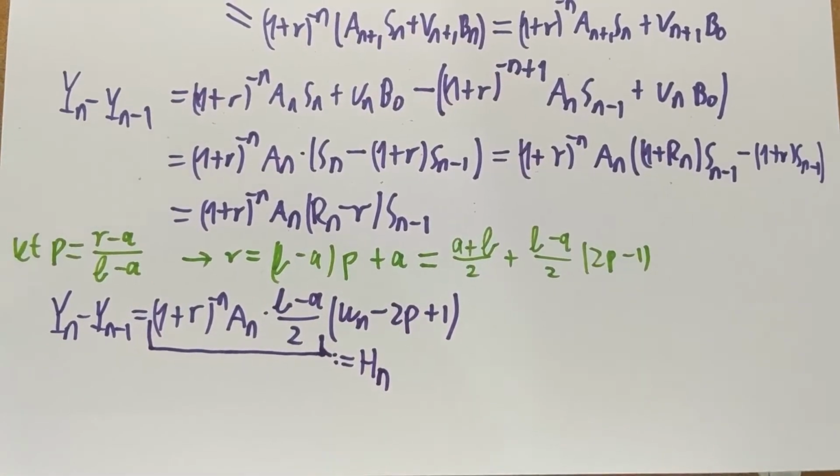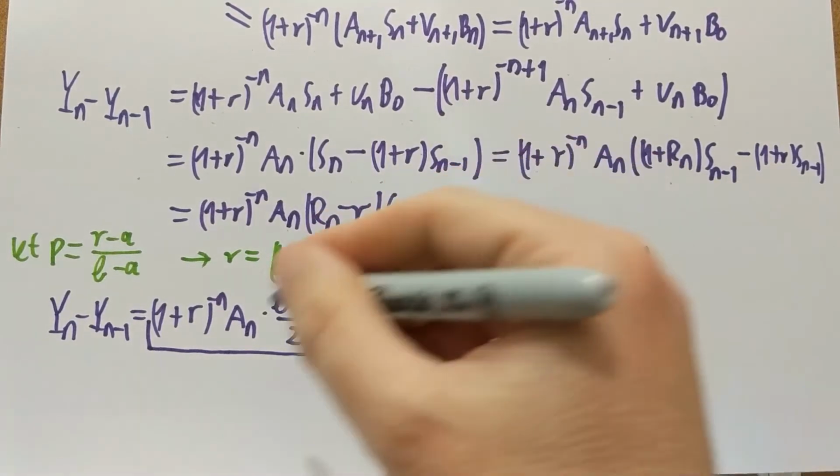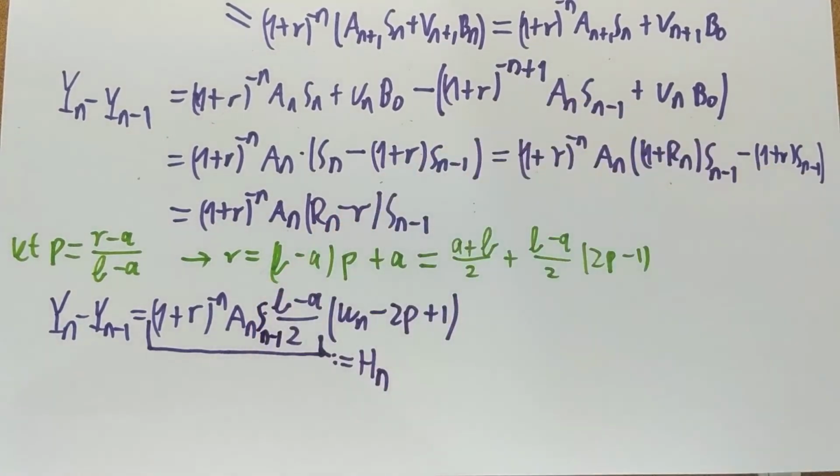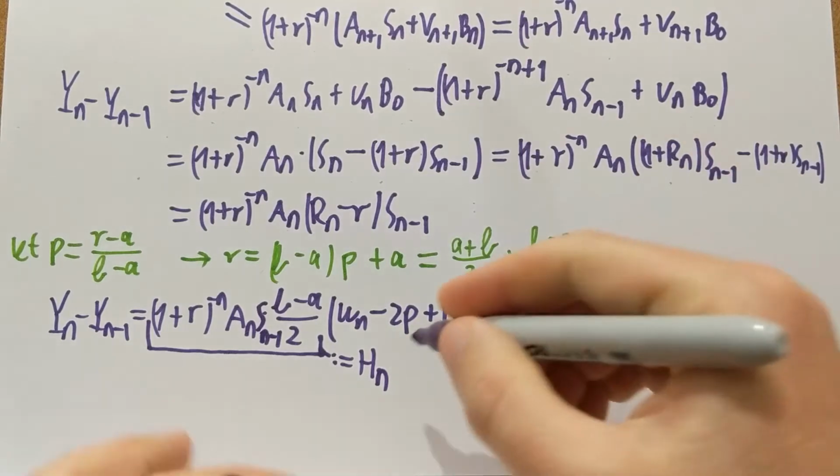So this is hn, and notice that, oops, I forgot the Sn minus 1. So let's put that in here, Sn minus 1, and that's part of my definition for hn. So hn is this discounting factor, the strategy an, Sn minus 1. Notice that everything here is Fn minus 1 measurable. The an is a predictable strategy, so it's Fn minus 1 measurable. Sn minus 1 is of course Fn minus 1 measurable. So this hn is Fn minus 1 measurable. So this is predictable.